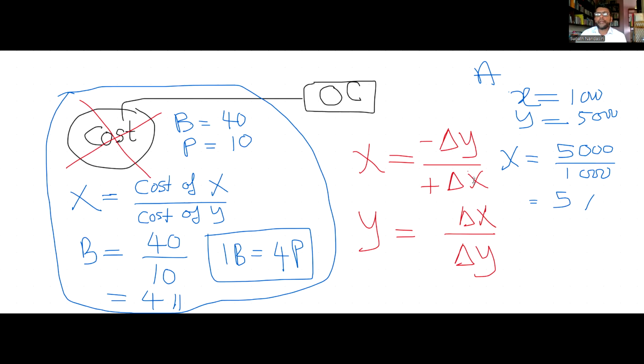One X equals 5Y. If you write in words, take it down: opportunity cost of 1 unit of X is 5 units of Y.